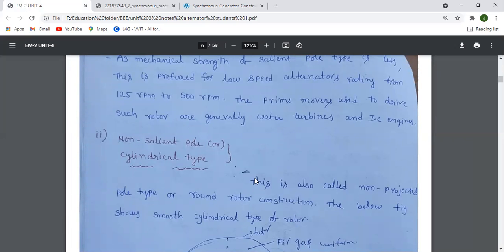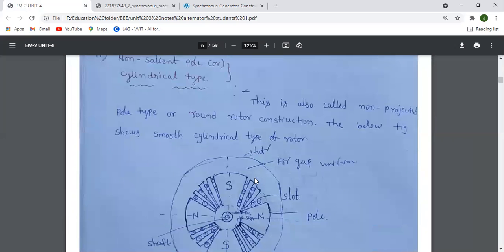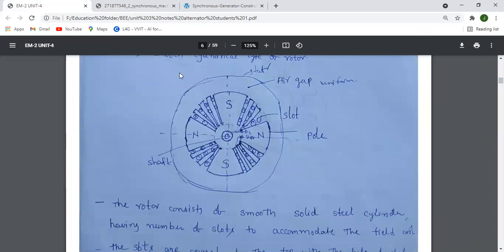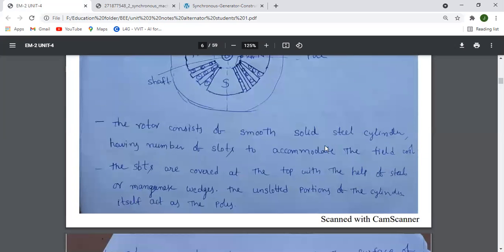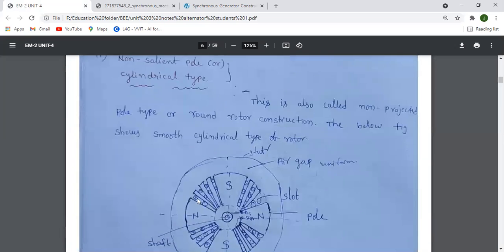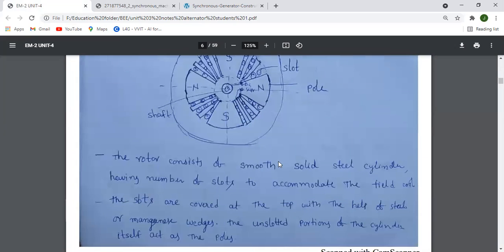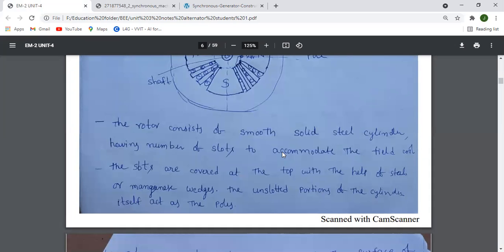And now we will see about the non-salient pole or cylindrical type pole. This is a picture of the cylindrical type pole. It is also called the non-projected pole type or round rotor construction. This is the shaft, this is the slot, this is the pole, the air gap, and the stator.